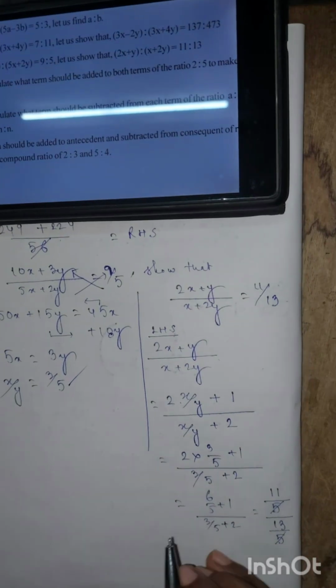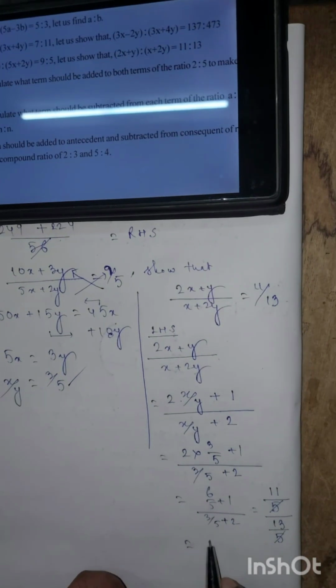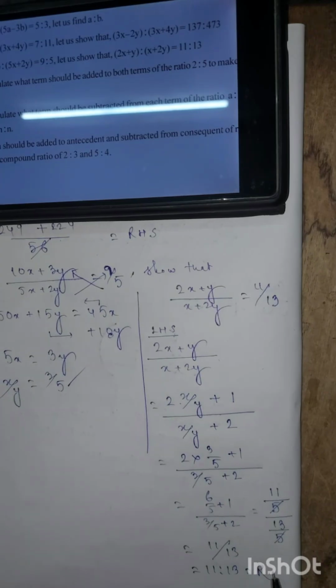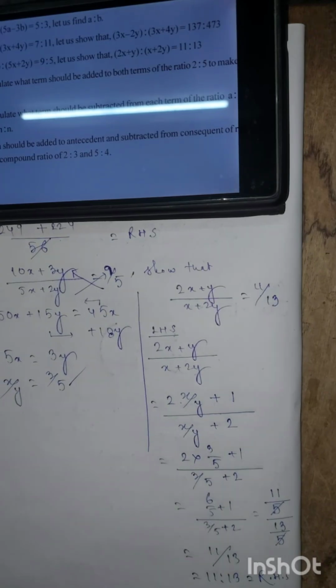So it can be written as 11 is to 13, 11 by 13. So this is equal to RHS. So LHS equal to RHS proved.